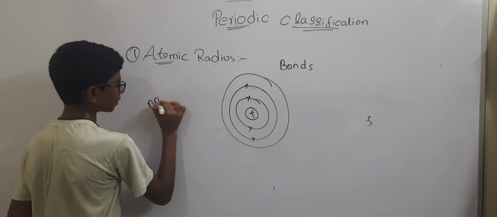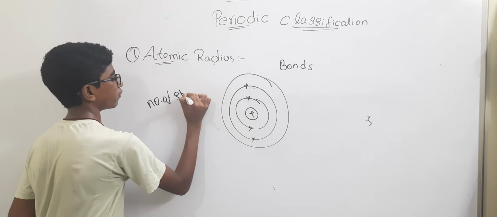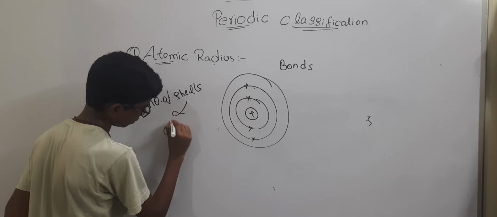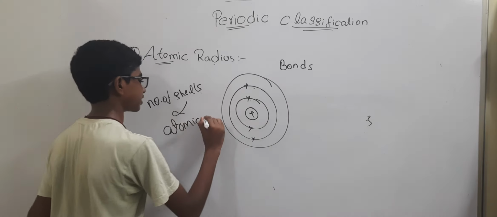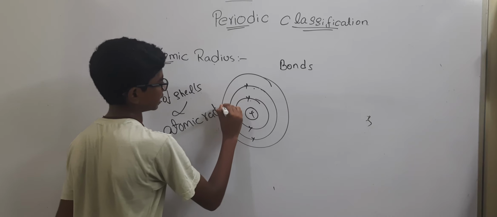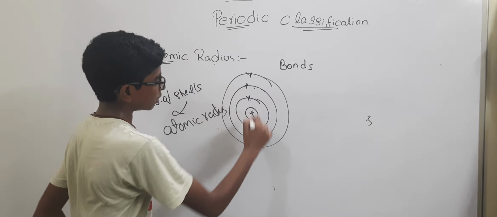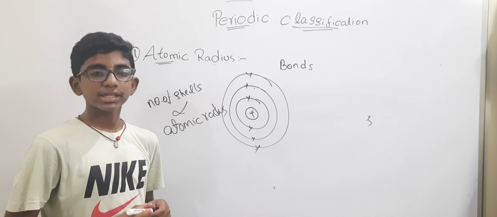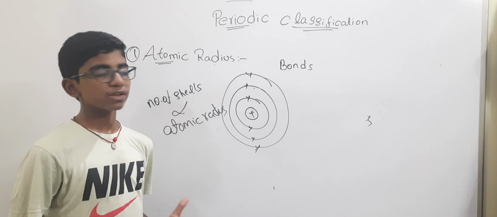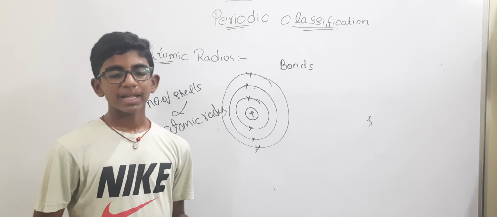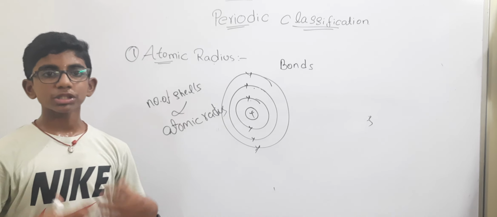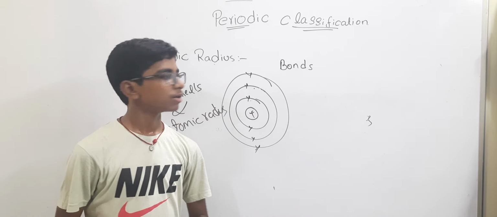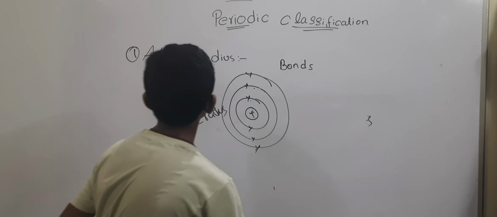So number of shells is directly proportional to atomic radius or atomic size. The third shell is at more distance compared to the second shell. It experiences less attractive force than the second shell, so it has more atomic radius than the first or second shell. Okay, these are the main 3 reasons for the atomic radius.